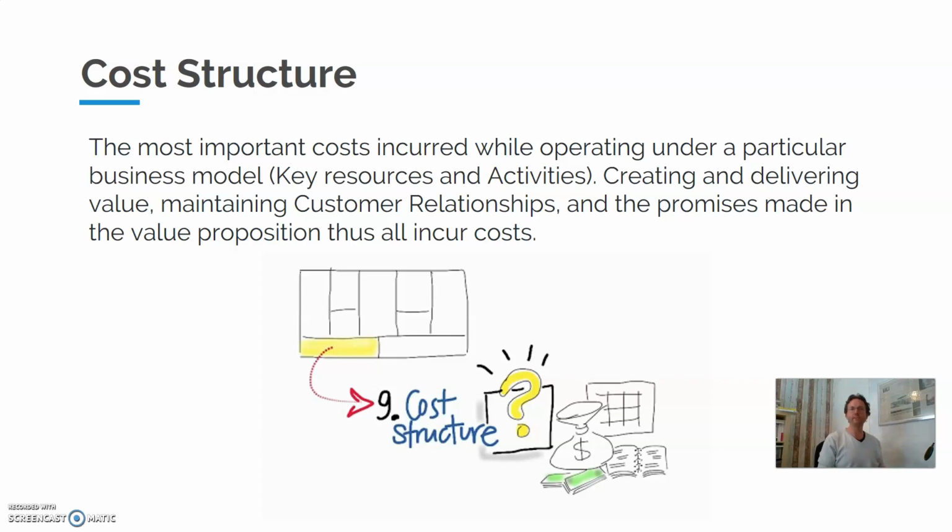But please note, creating and delivering value, so the key partnerships, maintaining customer relationships, and the promises made in the value proposition also incur costs for a business model. But for the introductory purposes of this course, we just focus on key activities and key resources to transfer those costs into the cost structure building block.